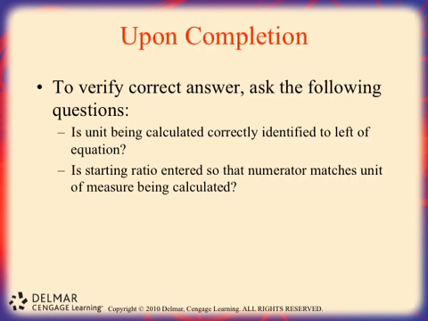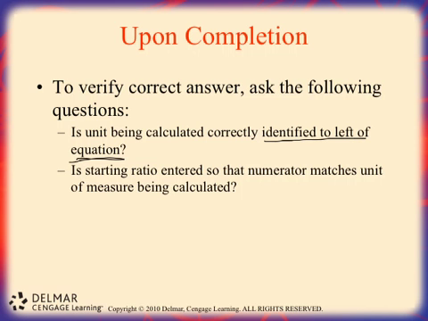Now, to make sure that you've got the correct answer, you need to ask yourself some questions. Is the unit being calculated correctly identified to the left of the equation? In other words, you've got to make sure that you know what you're calculating.